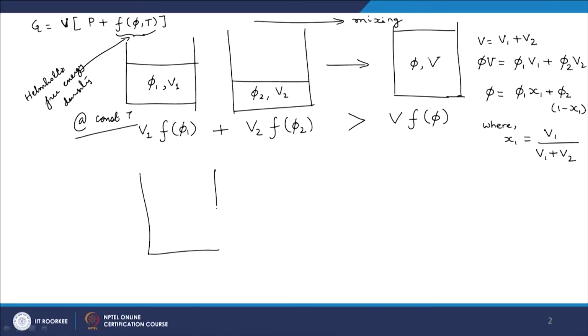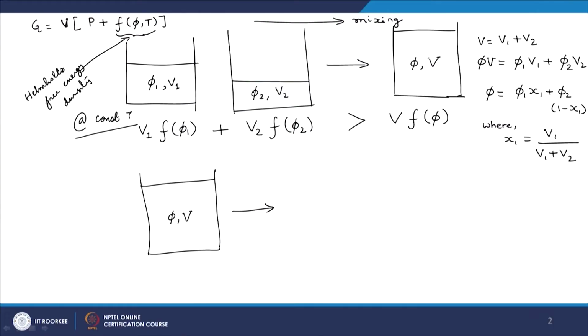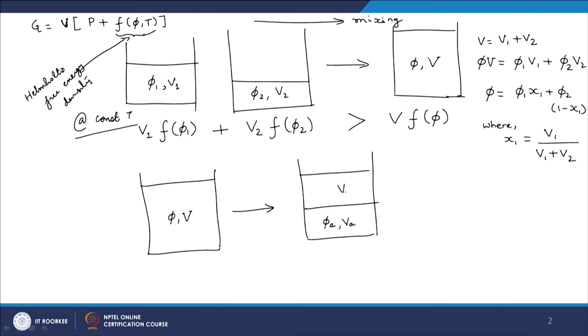Then I said that the reverse of this can happen, that is, we can start with a volume V containing a solute volume fraction phi, and this can then phase separate into two layers, a bottom layer with a volume Va and volume fraction phi a, and a top layer with volume fraction phi b and volume Vb.